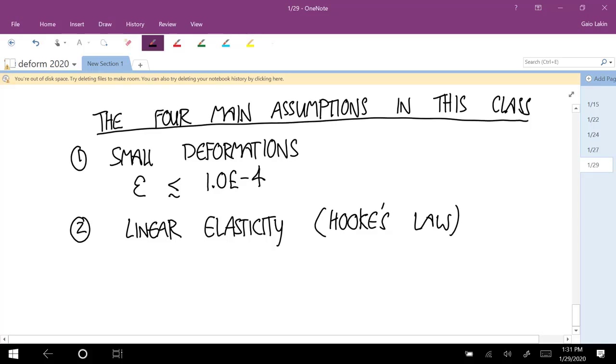This is the one that says that the Voigt strain is equal to the compliance matrix times the Voigt stress. Okay, so even if you have small deformations, if you have a material that's really far from linear elasticity, if that linear relationship does not model it well, our calculations aren't going to work very well.